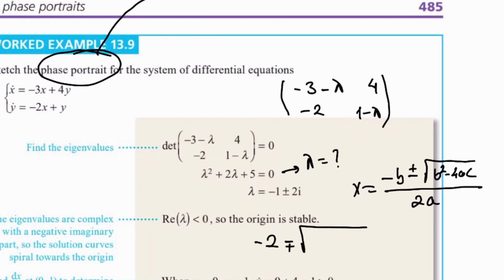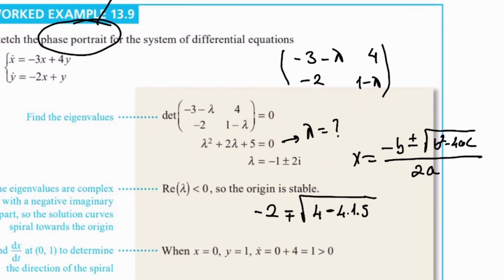b squared minus 4ac. 2 squared is 4, minus 4 times 1 times this one, which is 8 times c, divided by 2 times 1, 2a, which is 2.